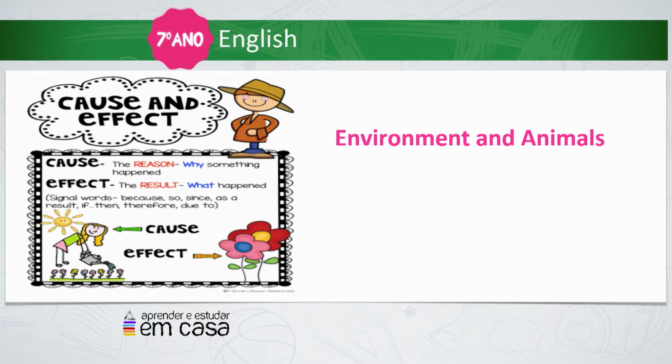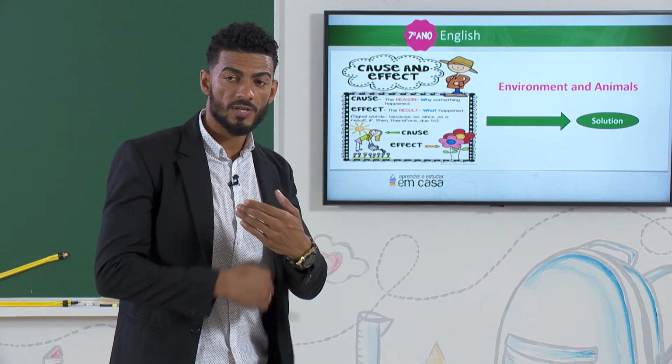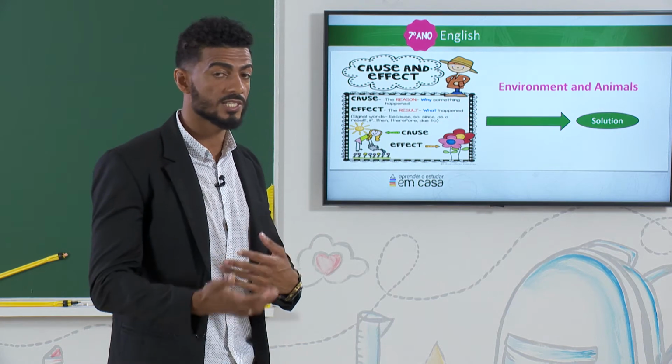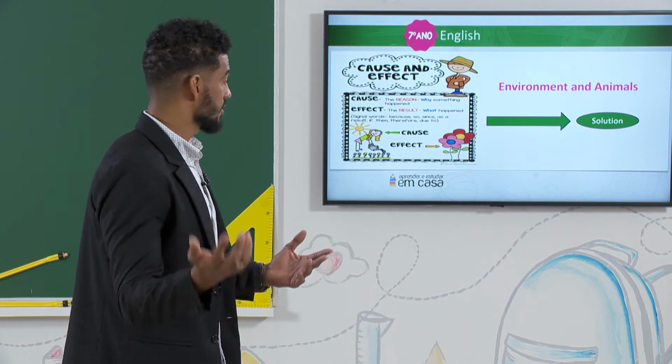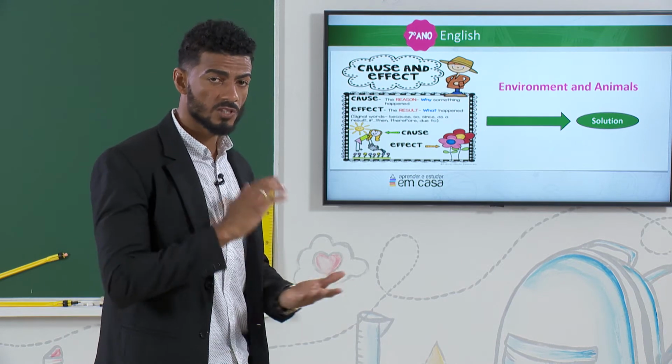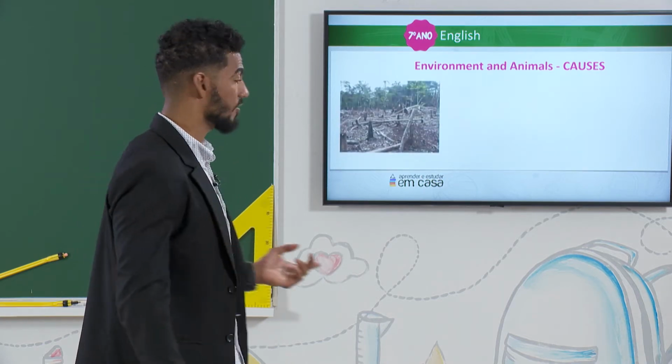And as you can see here, we have some signals. And then we have the solution. Okay, nowadays, as you know, we have some environment problems, some causes and effects, as well as the solution. So let's see some causes behind the environment problems that we have nowadays.